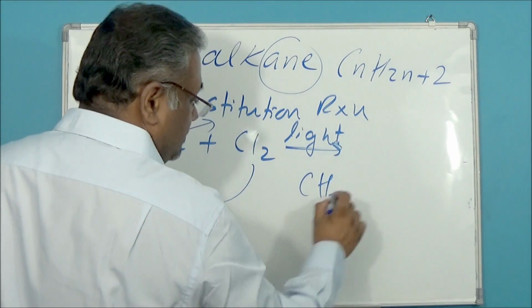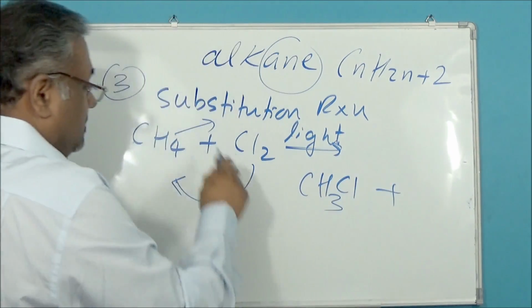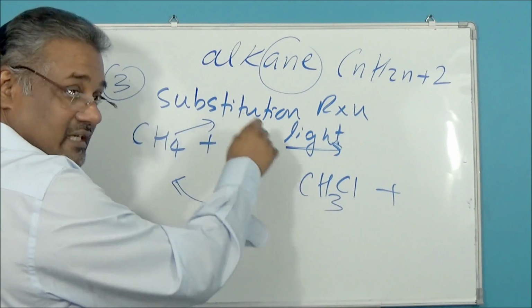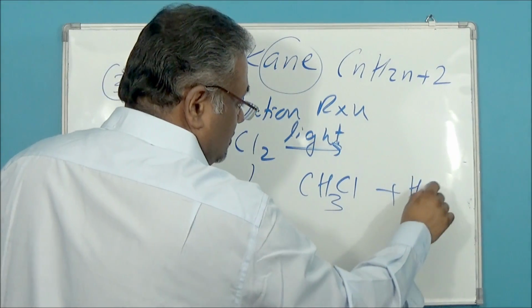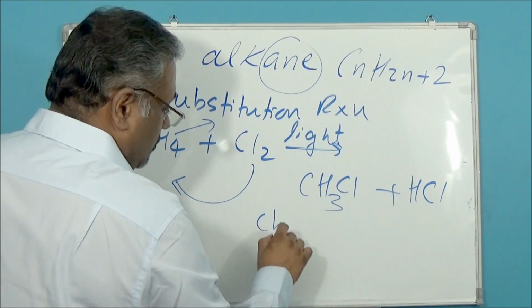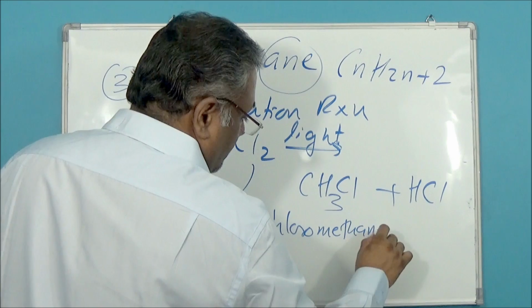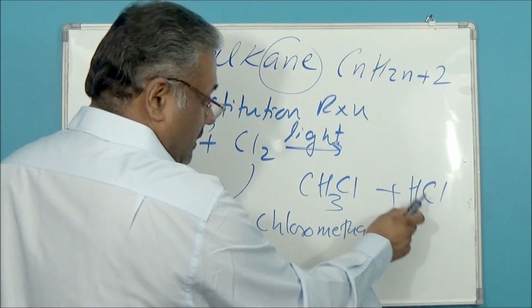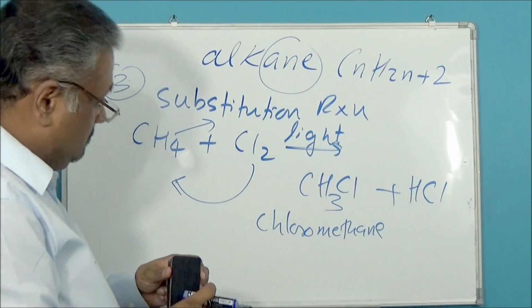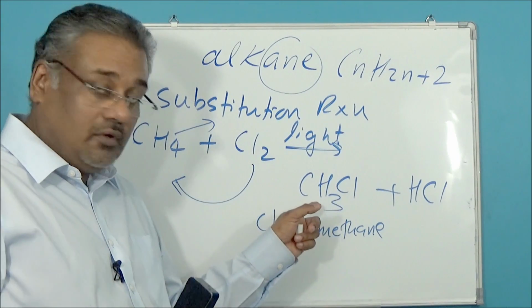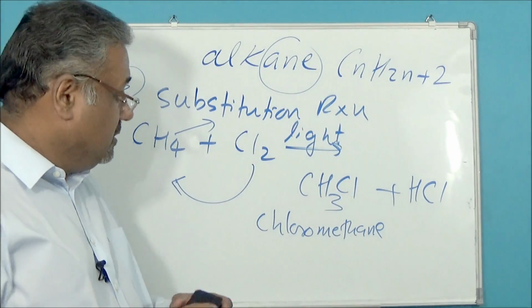So you get CH3Cl. Now remember, the H which comes out and the Cl which is left combine to form HCl. So this is chloromethane, and this is hydrogen chloride gas. If I continue this reaction, all these H's one by one can be replaced.